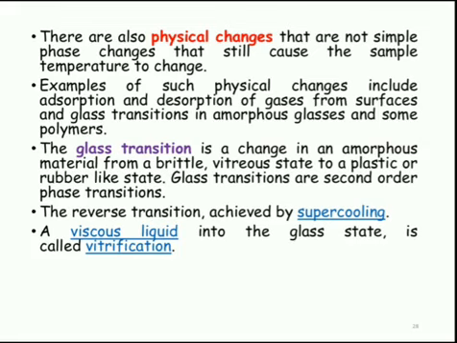The glass transition is a change in an amorphous material from a brittle vitreous state to a plastic or rubber-like state. Glass transitions are second order phase transitions. The reverse transition achieved by supercooling a viscous liquid into the glass state is called vitrification.